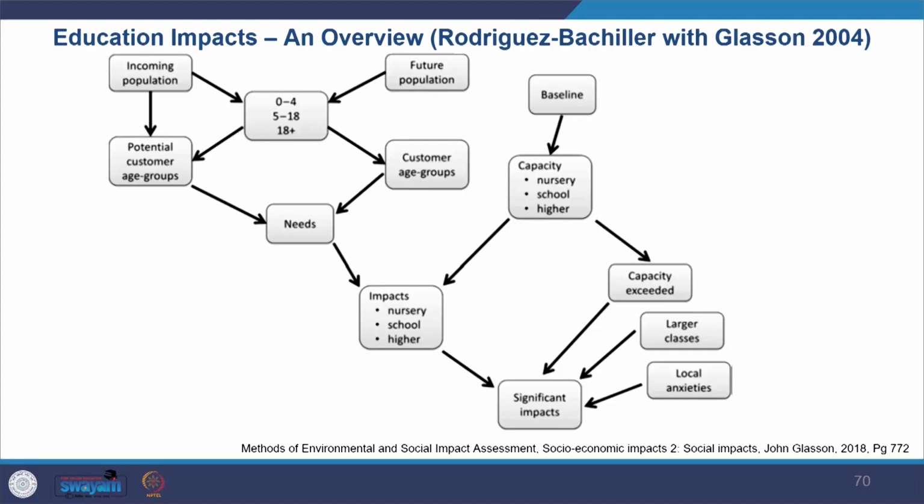Then looking at the demand for the local services. So as I have already explained, in-migrant employees and their families will have pressure on the services which are there. So here you can see another network diagram which shows the education impacts. So you see the incoming population, potential customer age group, and then what will be their needs and what will be the future population, how they will have impact on nursery, school, higher, and then what's the baseline here.